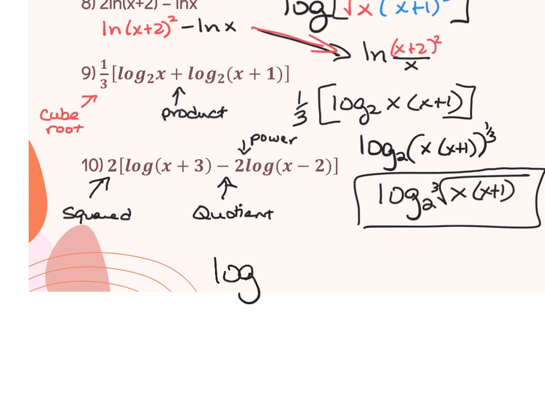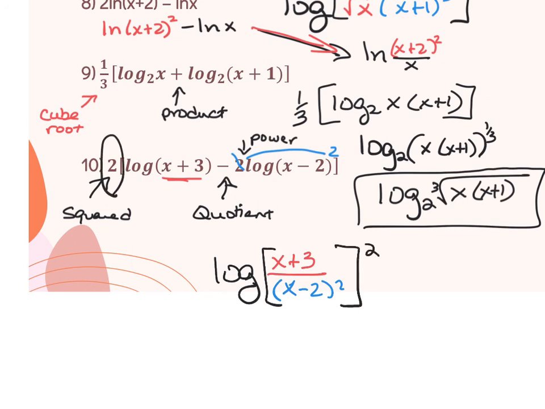So log, we're going to do this on the top. We're going to swing the power back on this one. This will become a square. So x minus 2 squared. And then I also have this exponent, so then the whole thing is squared. And you're done.